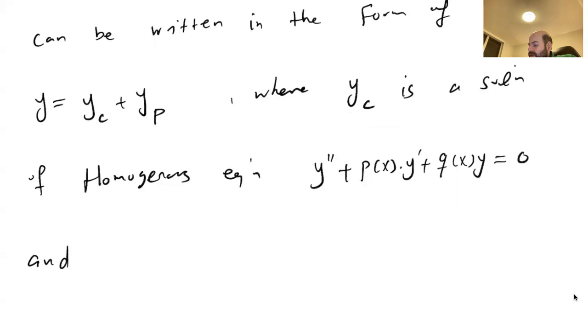This yc is called the complementary solution. That's why we call it yc.